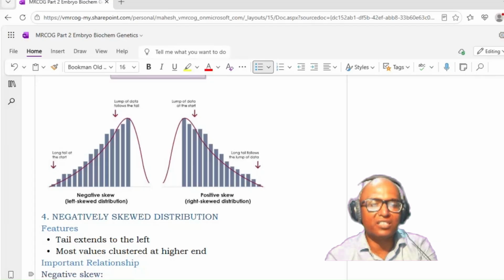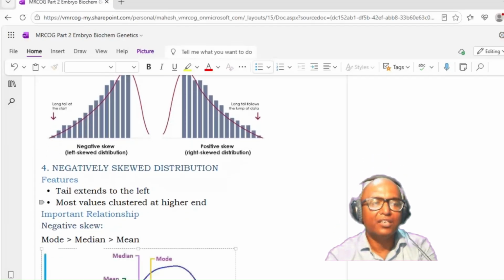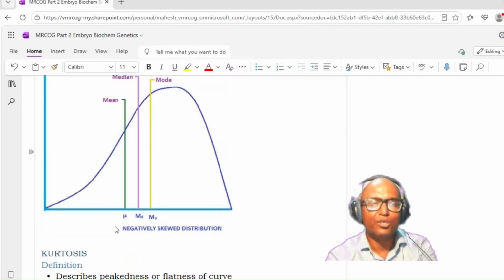Most of the values are clustered at the higher end. So here what is the relationship? Mode is more than the median, and median is more than the mean. Here the mode is highest, and there are fewer and fewer values towards the tail.